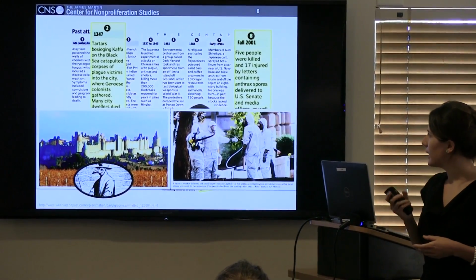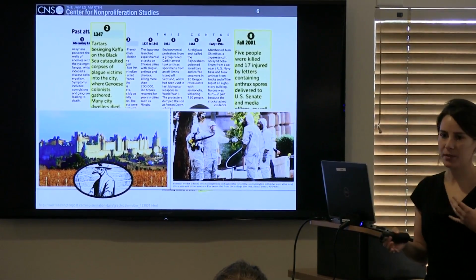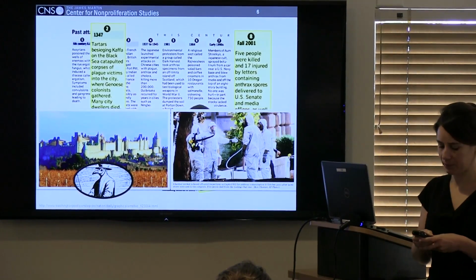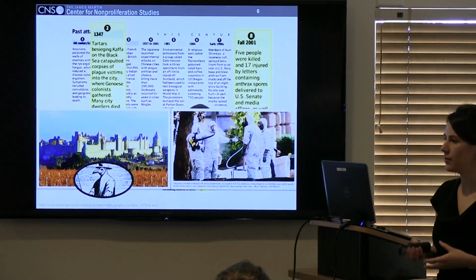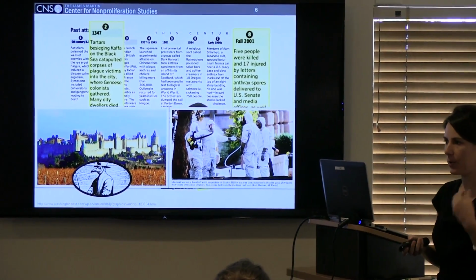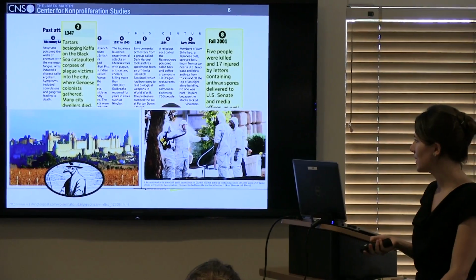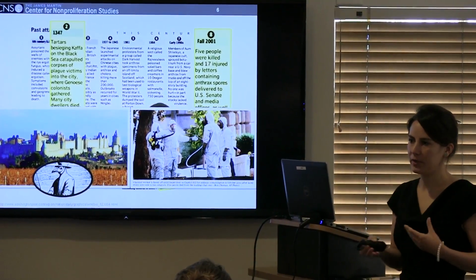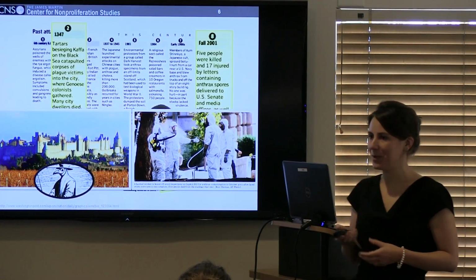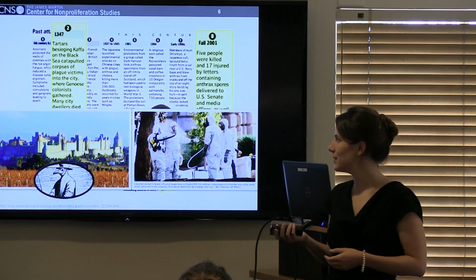So in one case, people had no understanding of how disease would spread, and it's only later in history that we learned the germ theory of disease, and that diseases were caused by bioagents and microorganisms. So the way we think of defense is obviously really linked to the way we understand the life sciences.